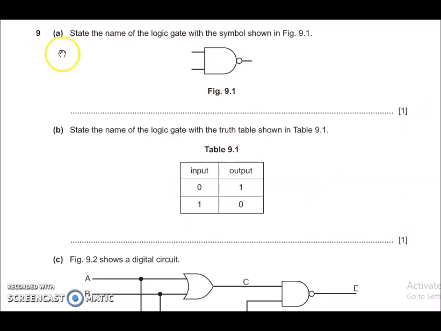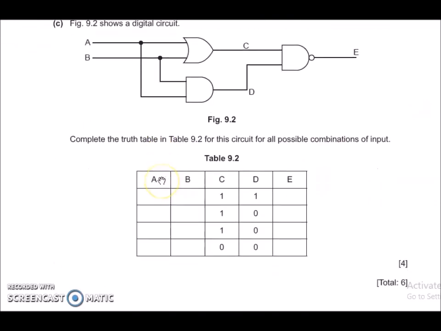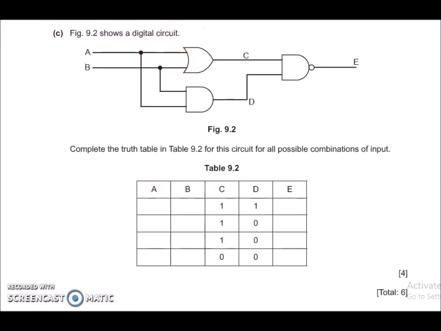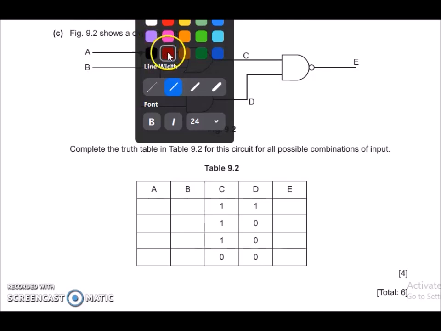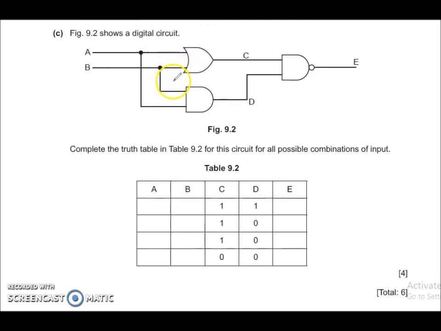Okay, now we move on to 9C. What's your answer there, Finn? Okay, so here, this one is OR, and this is AND gate. So if you look at D, for it to get the output 1, you need to get 1 1. Am I correct?